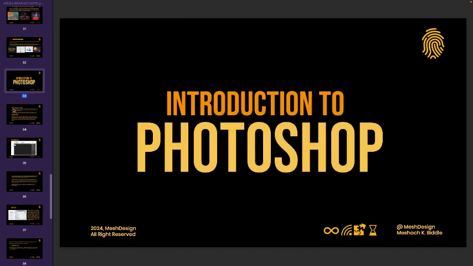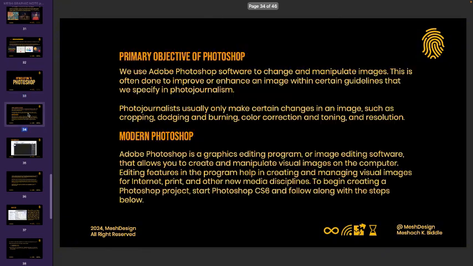But let's look at the meaning or function of Photoshop. Photoshop, as we all know, is an editing software. The primary objective of Photoshop: we use Photoshop software to change and manipulate images.